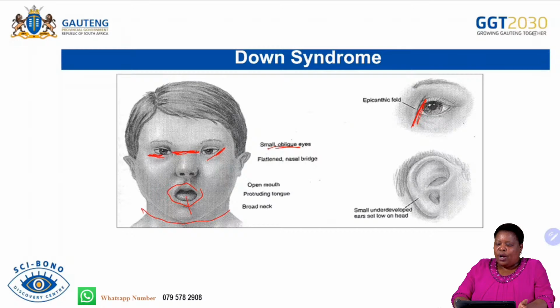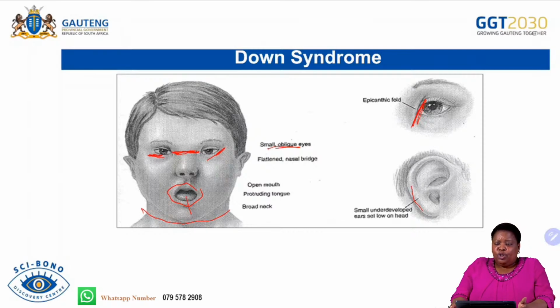And small underdeveloped ears also are a sign that this person might have Down syndrome. Remember, if we are quickly going to recap, Down syndrome is the result of what? Non-disjunction. And non-disjunction, think of what? Non-separation of the chromosomes in pair number 21.